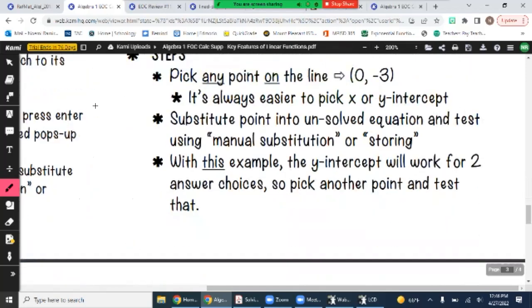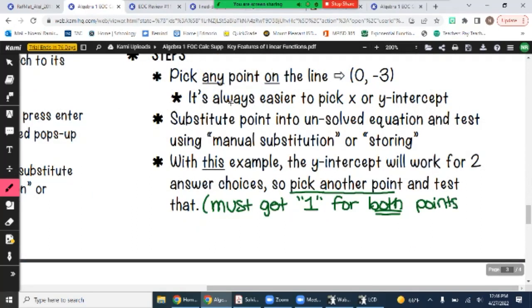One thing we do need to write is, if you pick 2 points and you have to end up picking another point, you must get 1 for both points.